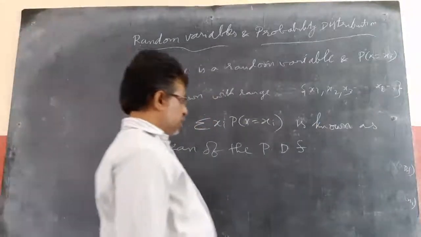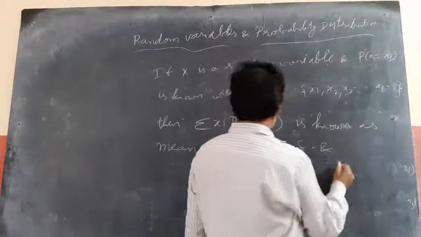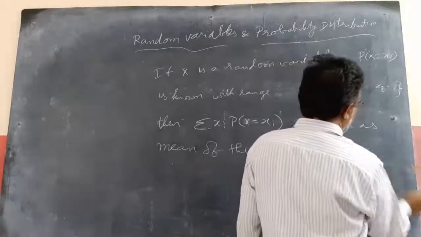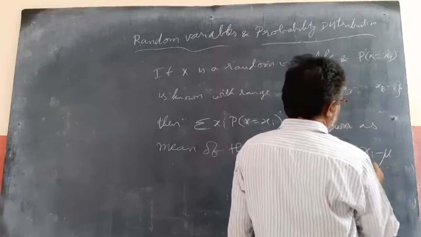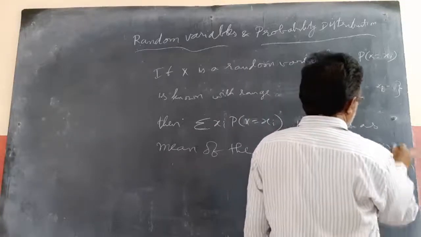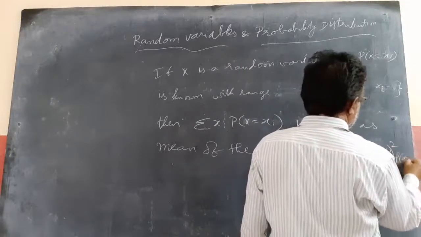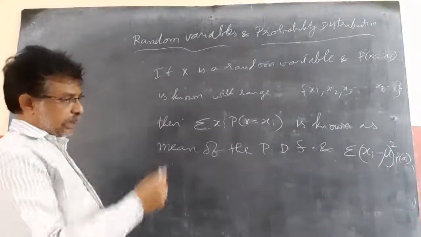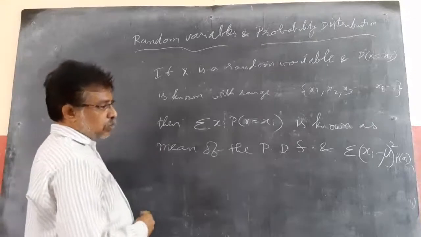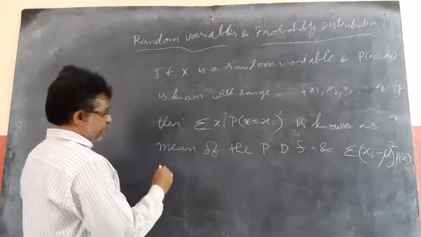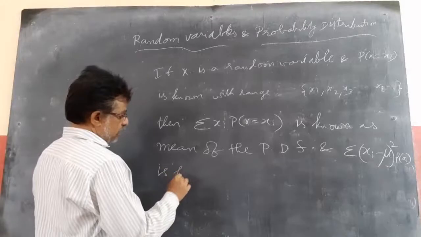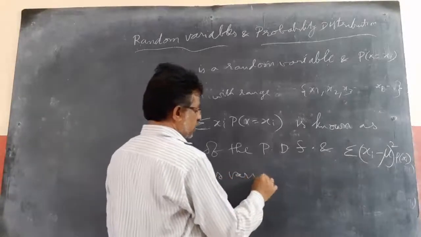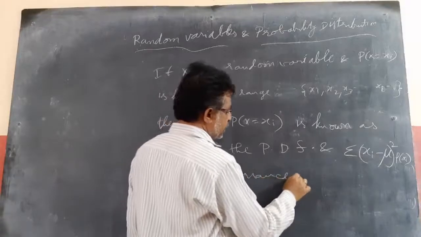And sigma xi minus mu whole square into P of xi is known as variance.